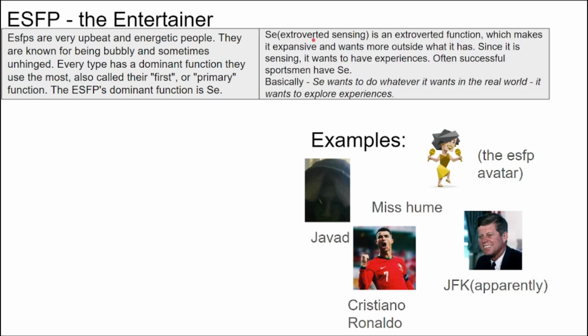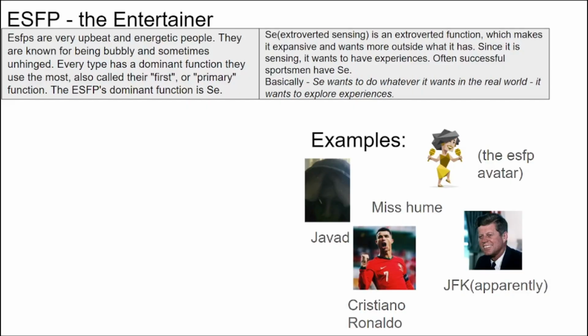Se, extroverted sensing, is an extroverted function, which makes it expansive and wants more outside what it has. So it's directed outside of the person, like the actual world, whereas introverted functions are more mental.